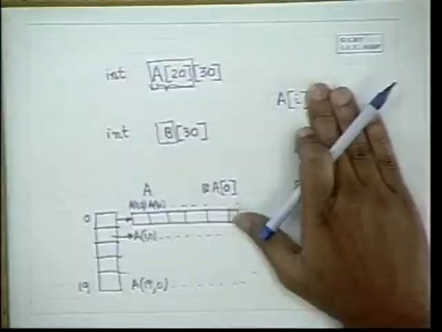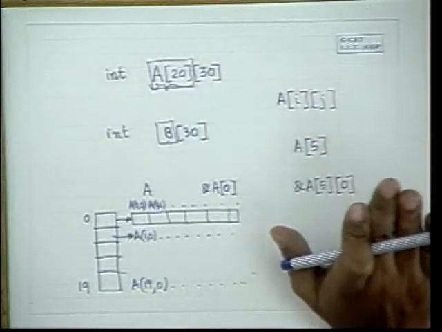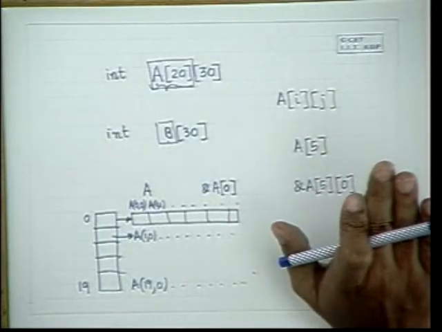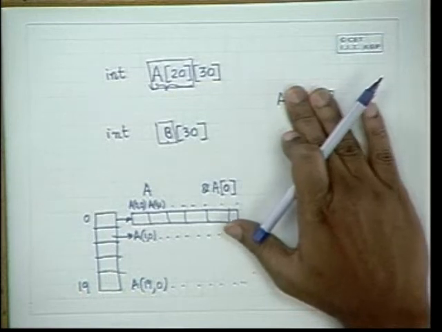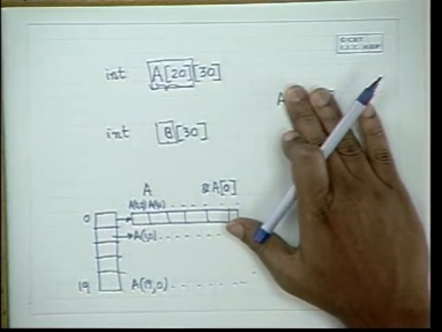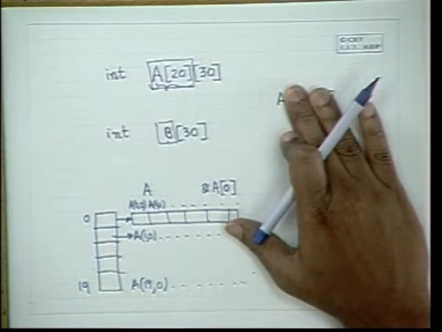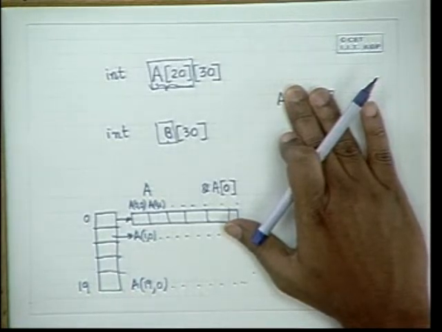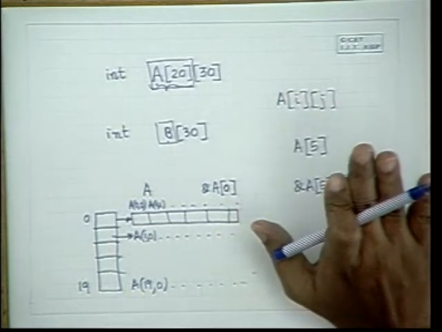That is the idea. A is an array, and each element of that array is an address such that each element of this block is a one-dimensional array.